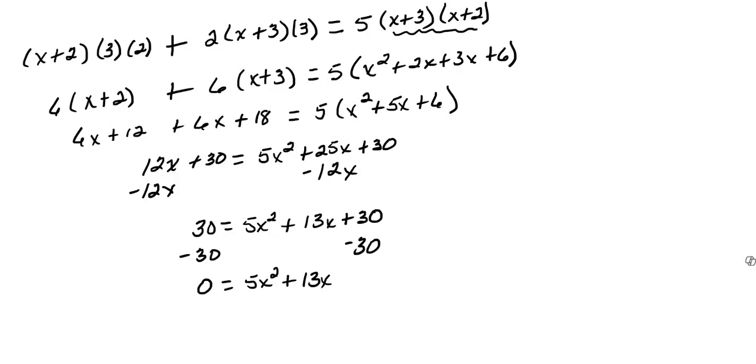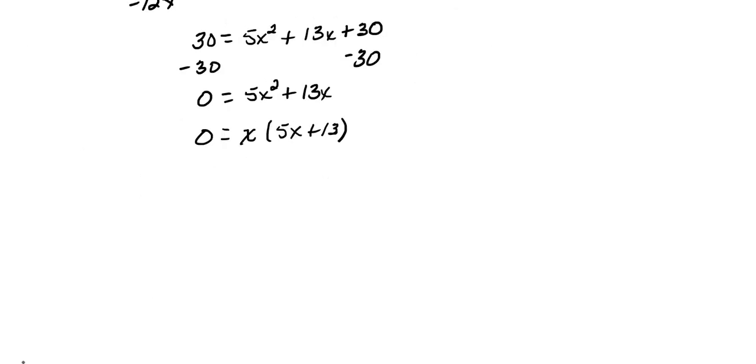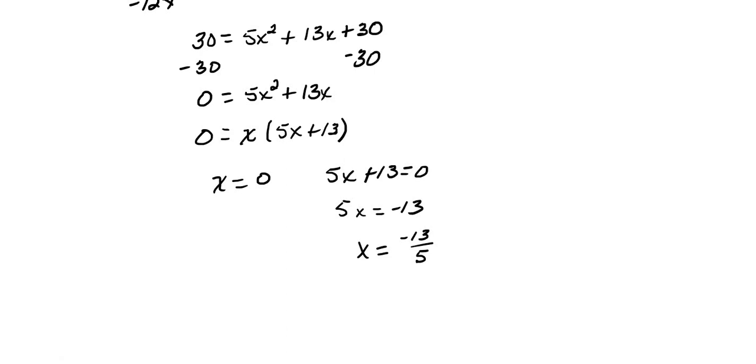I can solve this by factoring or by using the quadratic formula. And I think the easiest way to do this problem is to solve by factoring out my greatest common factor. Now I'm going to set each of my factors equal to 0 and solve. And both of those numbers are in my domain, so they're both solutions to my equation.